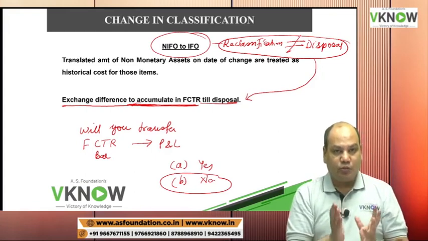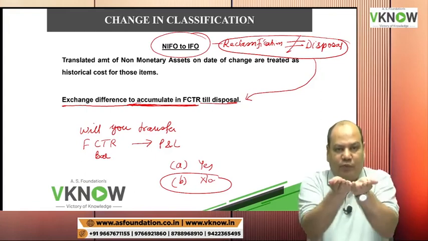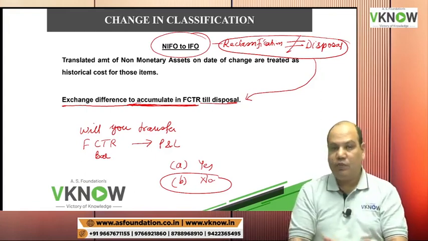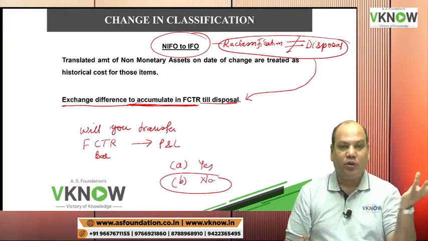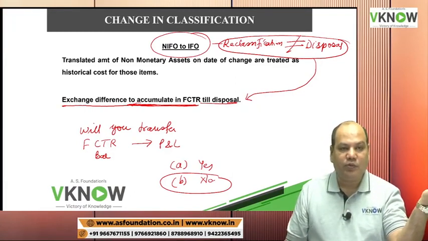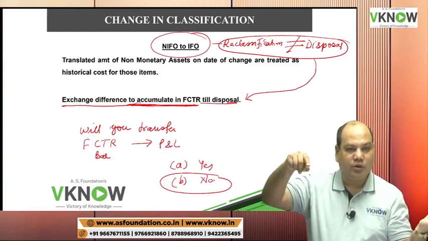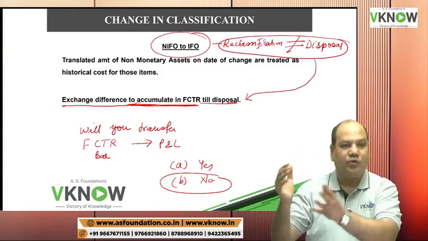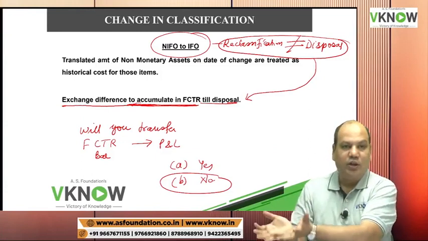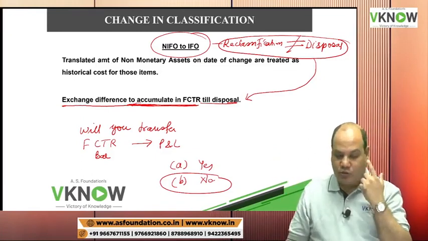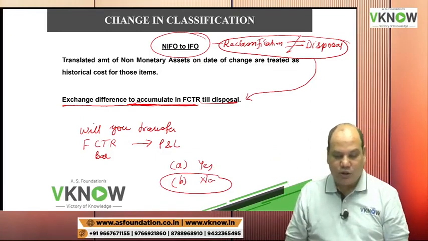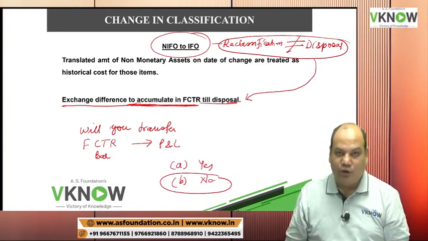Otherwise, if a company wants to increase the profit, and they have some balance in FCTR, they will reclassify the foreign operation, get the balance transferred to P&L account and increase their profit figure. So the standard says no, nothing doing. We will not let you do that.